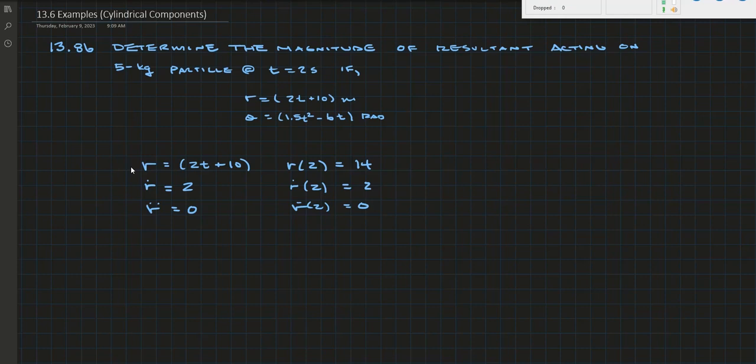Okay, so let's also do our theta while we're here. So theta is 1.5 t squared minus 6t. So theta of 2 turns out to be minus 18.